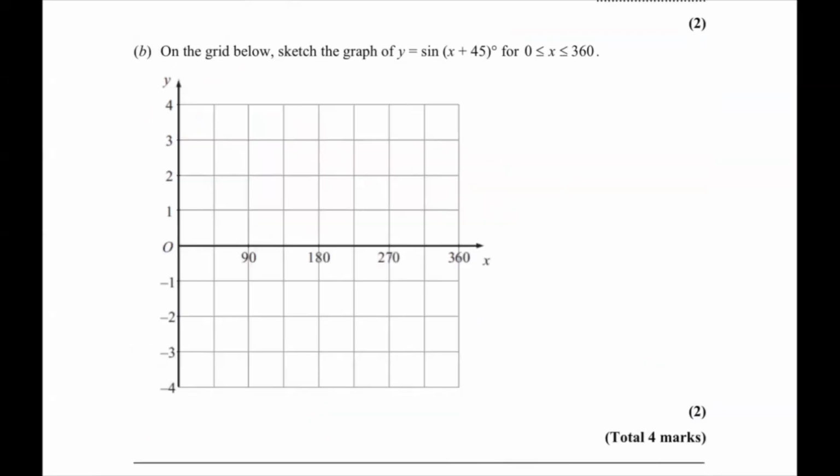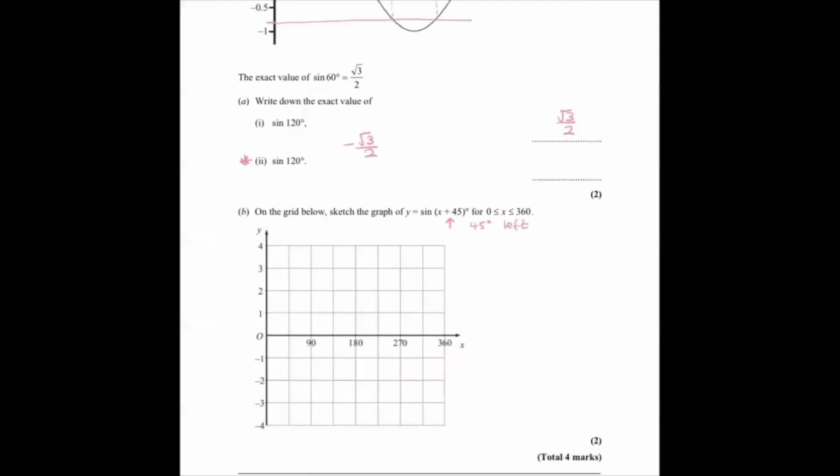Okay, so for this question, I've got a top tip for you. We have got to transform the graph. And we can see that it's in with the x. And we spoke about this earlier. So it's the x coordinate that's going to shift in the opposite direction. So it's got to move 45 degrees left or backwards. Now, don't overthink this. You have tracing paper in your exam. So all you have to do, in fact, I will do it as well.